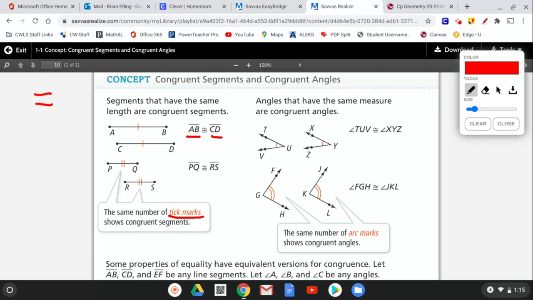And then if I draw an S and just turn it, it's going to look something like this. I think of the S as standing for same. So when we put the congruent symbol together, all we're saying is it's equal and it's the same, okay?